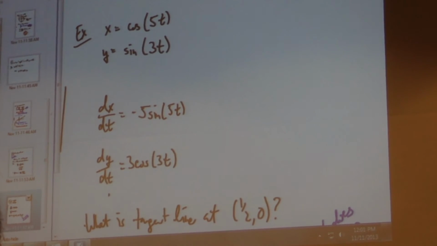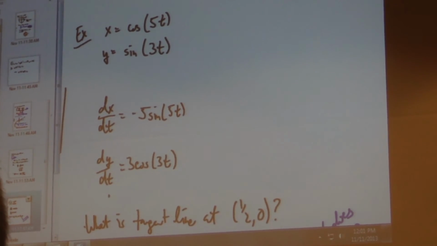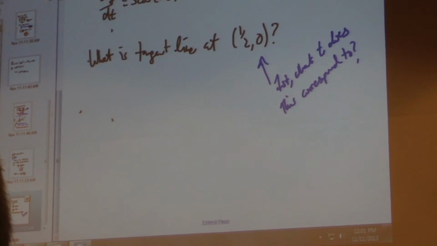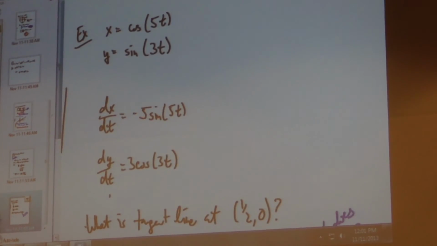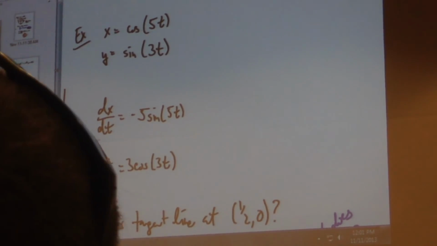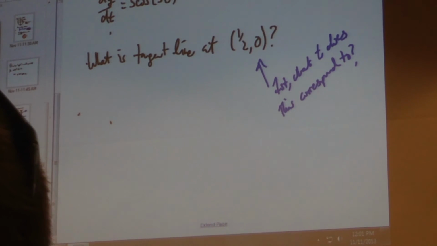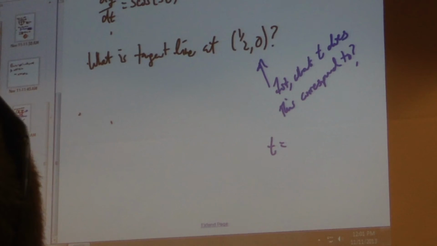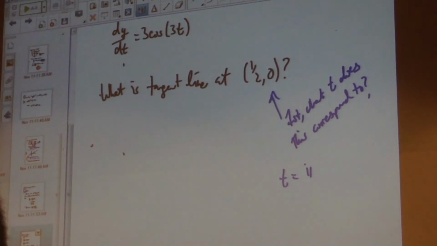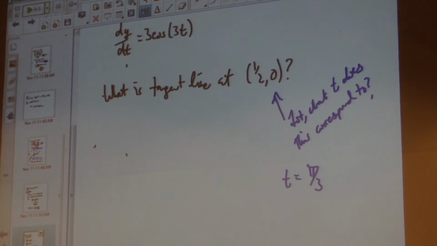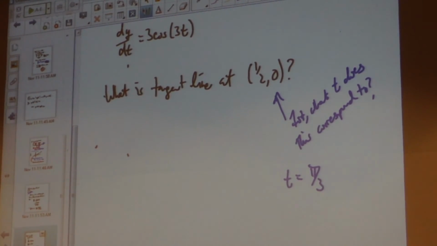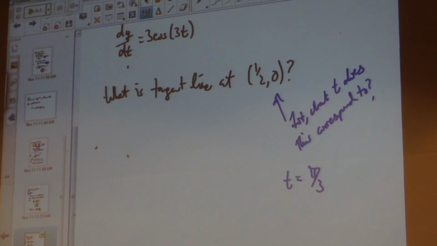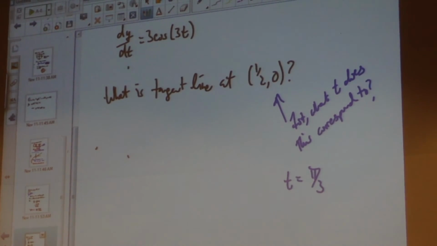Ideas? t could be 0. It would give y equals 0, but that would give x equals 1. You can play around with it using a calculator or whatnot. Does t equals pi over 3 work? Yeah. Pi over 3, then yeah. Cosine of 5 pi over 3 is 1/2.